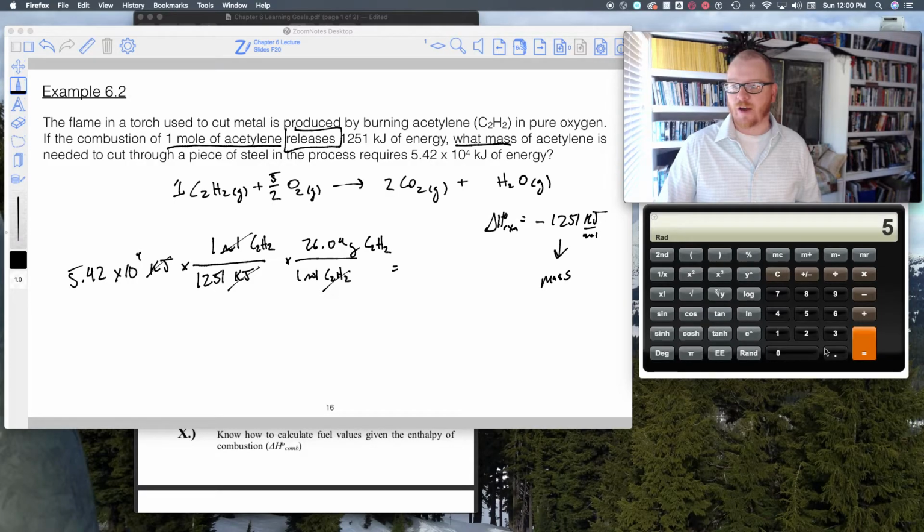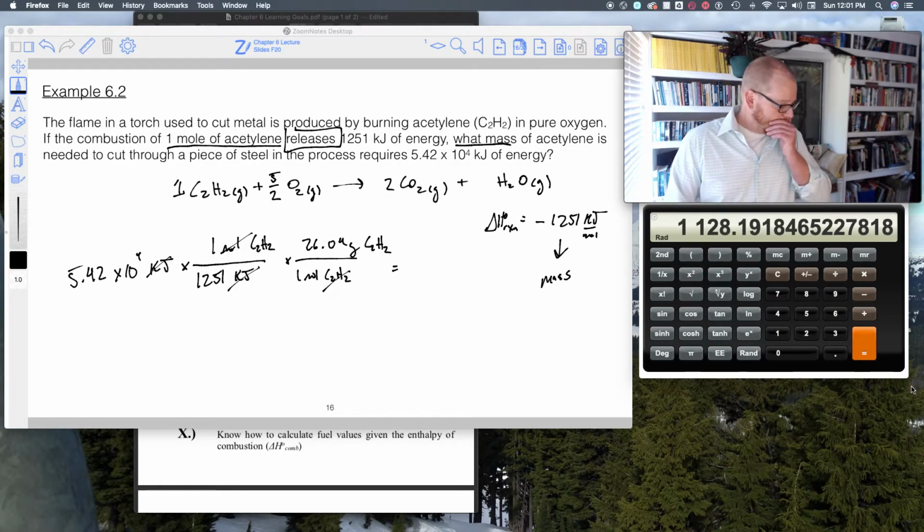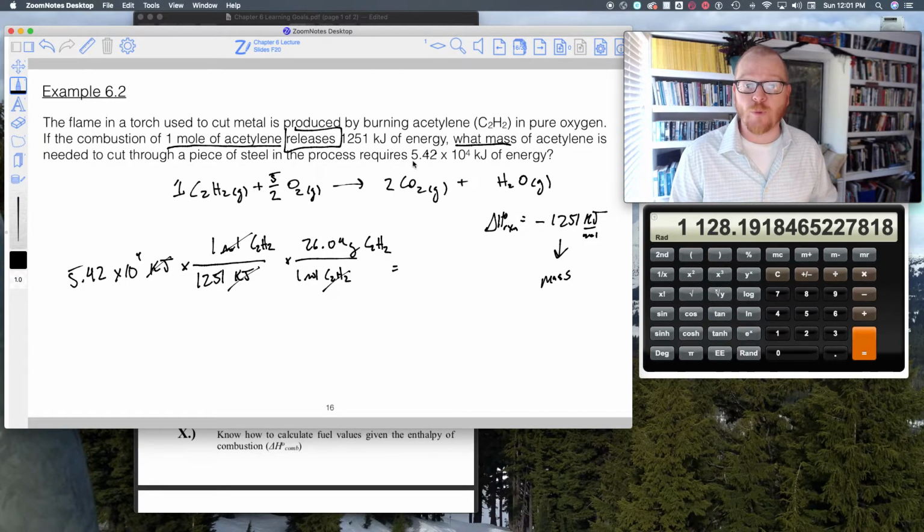Let's see, 5.42 e to the 4th times 26.04, divided by 1251, and with 3 significant digits, this one had 4, but I used 3 because that's the least.